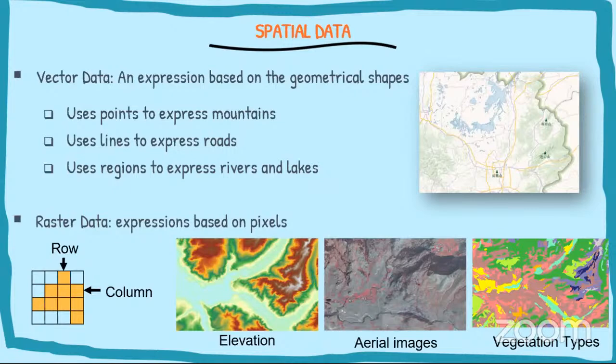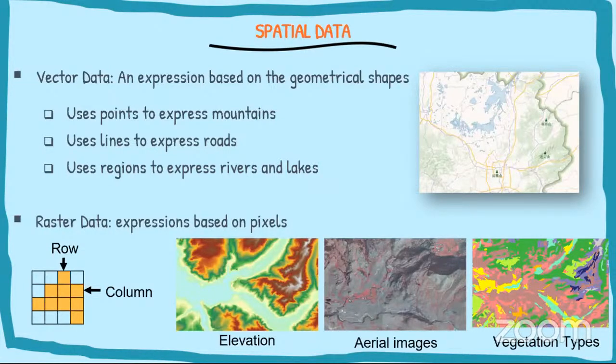Raster data is an expression based on pixel or grid data, where each grid or pixel is associated with a specific geographical location, and the value of a pixel can either be continuous, for example the elevation, or categorical, for example a land use map.